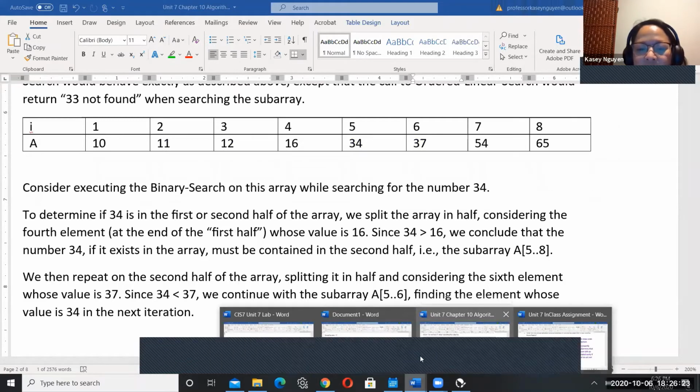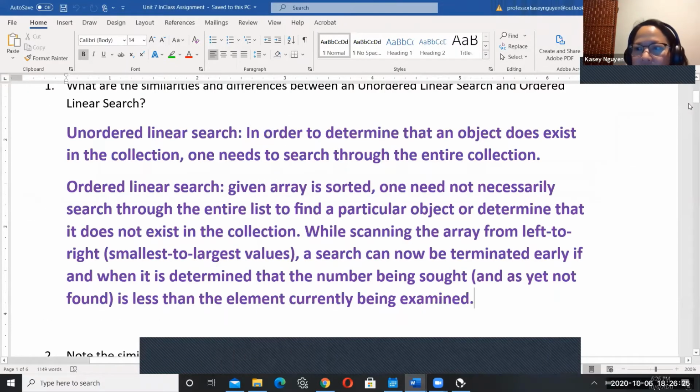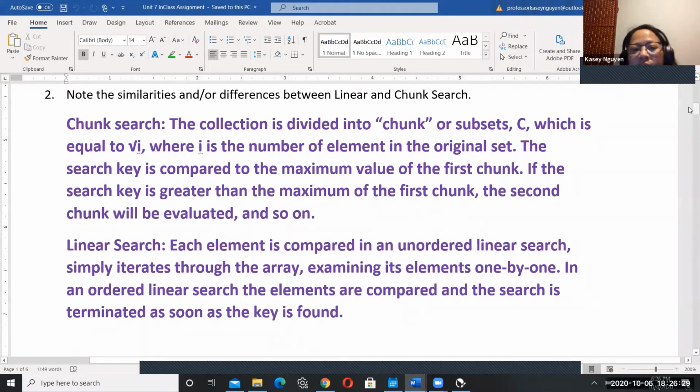Okay, so let's answer the next question. The similarities and differences between linear and chunk search. For the chunk search, the collection is divided into chunks or subsets, what we call C, which is equal to the square root of the number of indexes, or n.